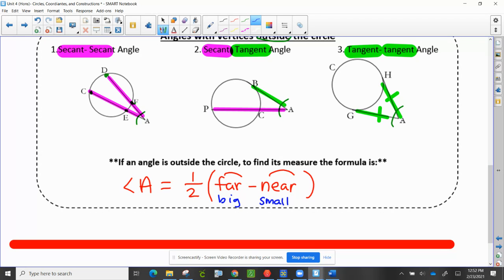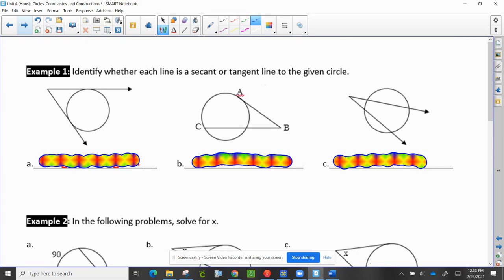But if you remember far and near, for example, if this is angle A, this arc over here is the far arc. The one close to it would be the near arc. Or you could take the big arc minus the smaller arc, but if you just remember far and near, it's the one away from it and then the one closer to it. Let's practice that with some problems on the next slide.